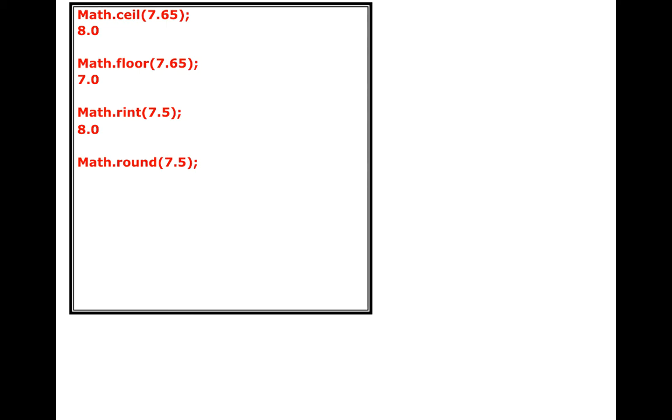Round will do exactly the same thing as rint, but it will not give the answer in the format of a real number, so the answer will be 8. Come on, can you tell me what the answer of this will be? It performs rounding, so it will be 7.0, and this will be 7.